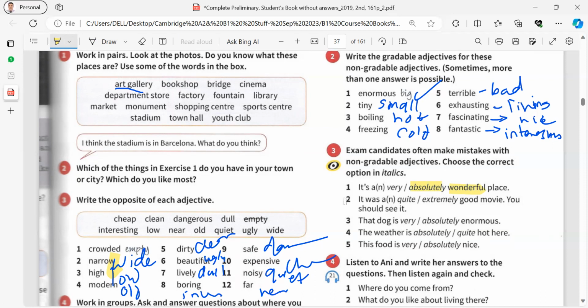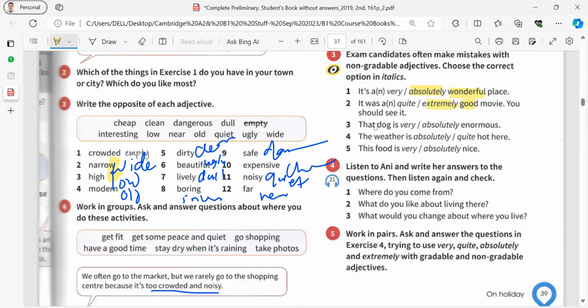Next one, number 2. It's quite good or extremely good? It was a quite extremely good movie. You should see it. Extremely good, you can say here, meaning absolutely.